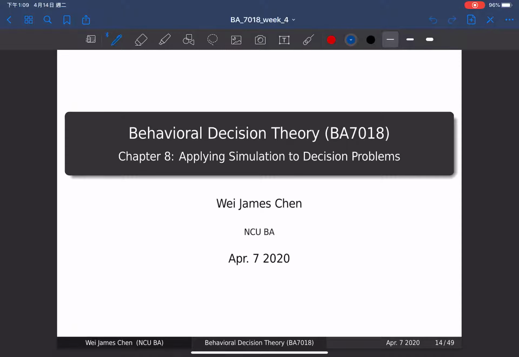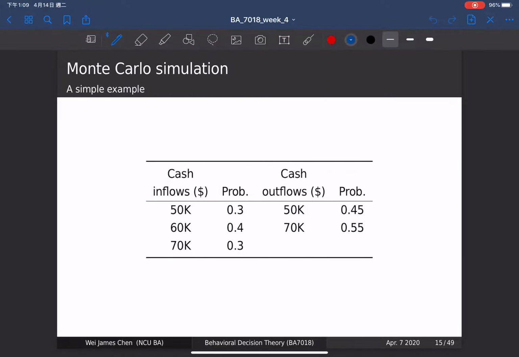Okay. So we're going to talk about how we apply simulation to decision problems. We're going to talk about a very simple simulation method called the Monte Carlo simulation. If you have taken some statistics course before, you might have heard of it.